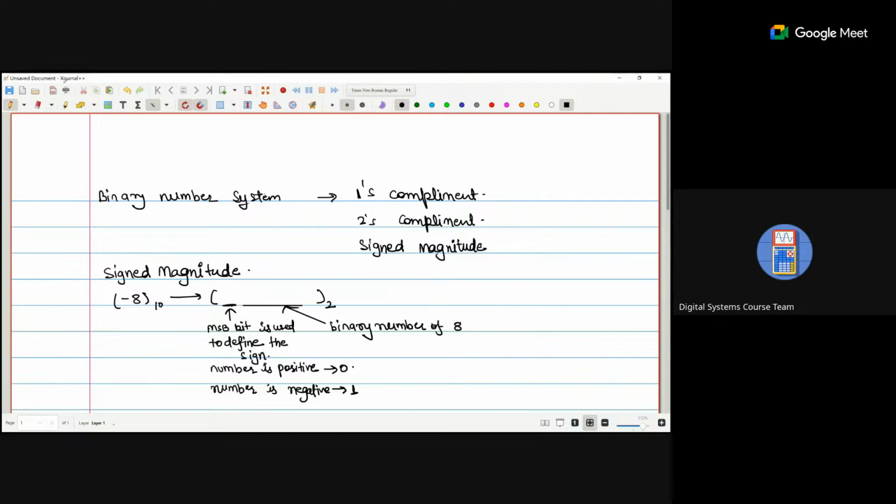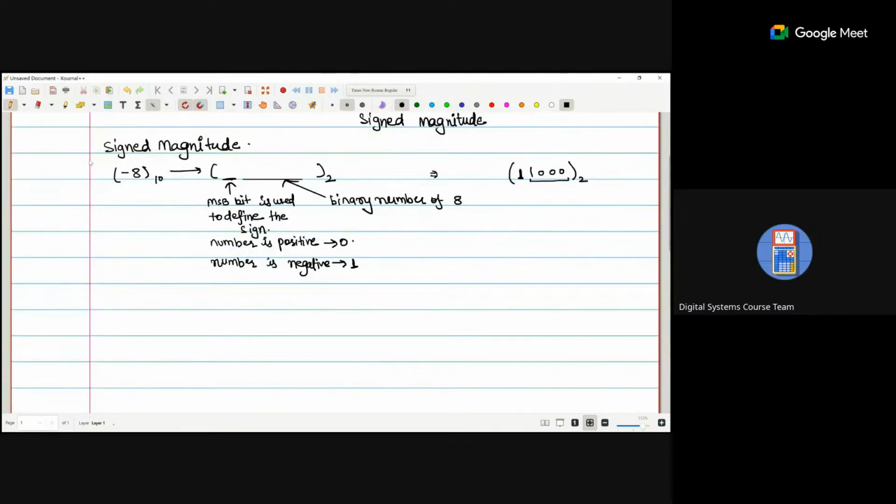So for -8, 8 is 1000, a 4-bit representation, and I add one more 1 to represent that this number is negative. So this is the representation of -8.